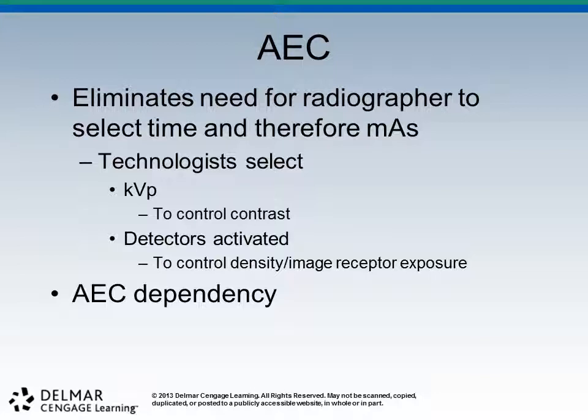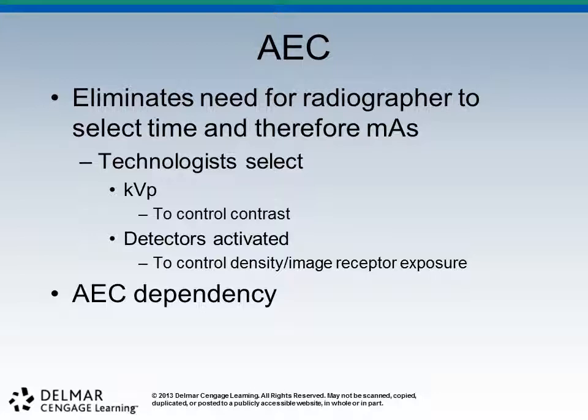In our lab, because we don't have photo timers, that means it's a manual technique. So you've gotten somewhat used to setting the mass for this, that, and the other thing. Photo timers, as you well know, take that requirement away from you, that requirement to say, I'm going to use X number of mass for this particular part. Instead, the photo timer will select that for you based upon the image receptor exposure.